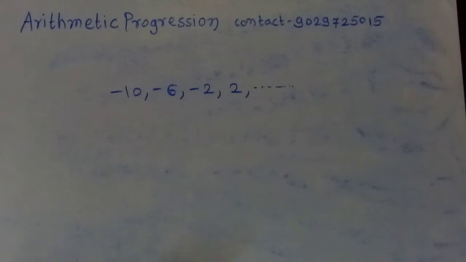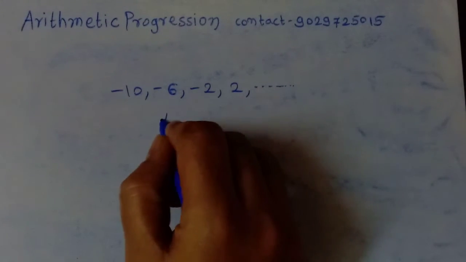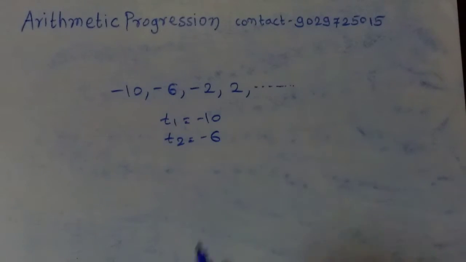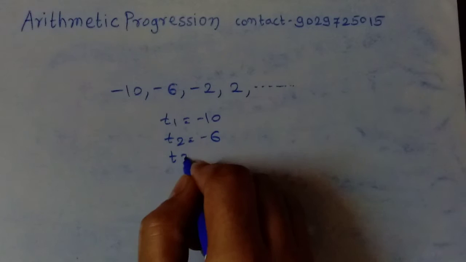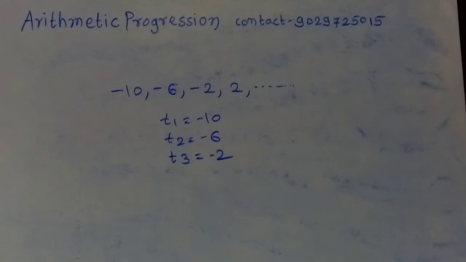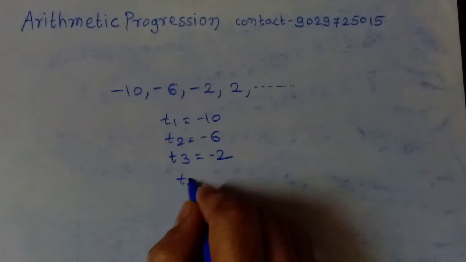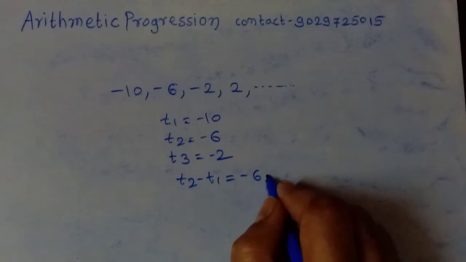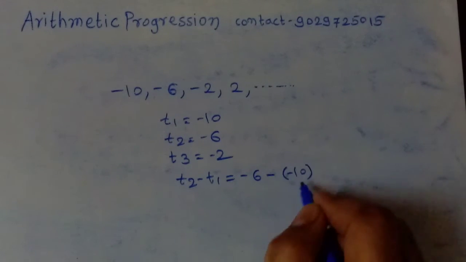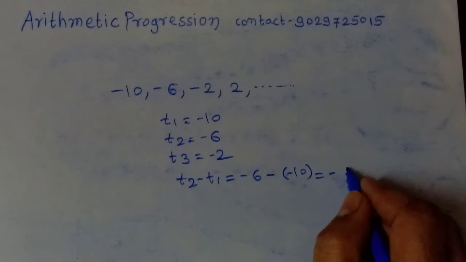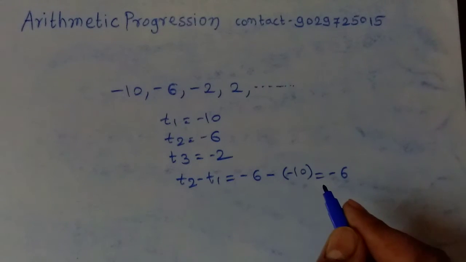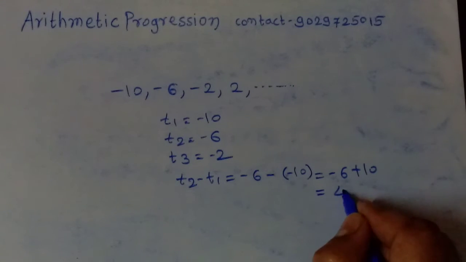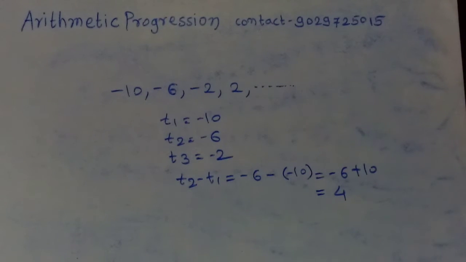Now see how to find the common difference. Here T1 = -10, T2 = -6, T3 = -2. T2 minus T1: T2 is -6, minus T1 is -10. Now -6 plus 10, answer is 4.